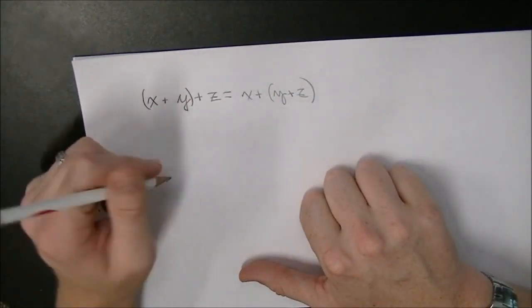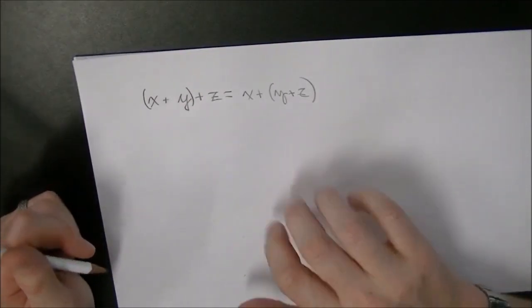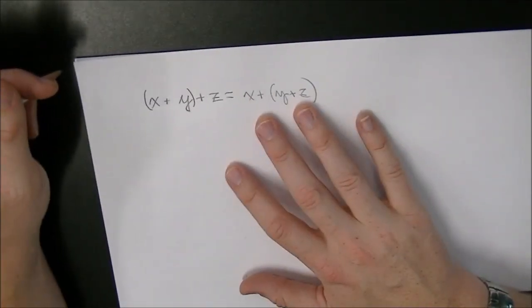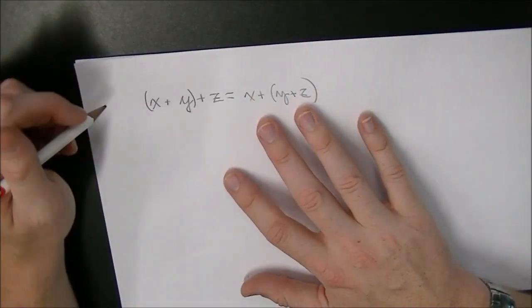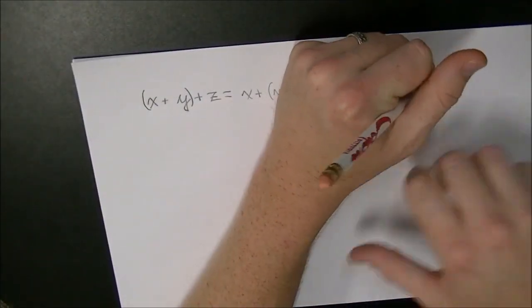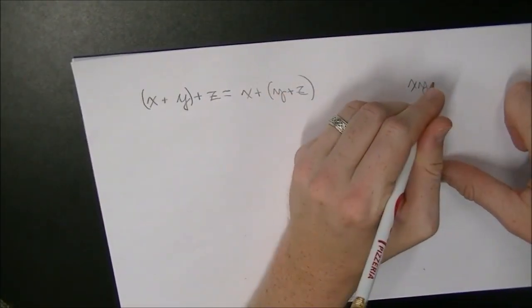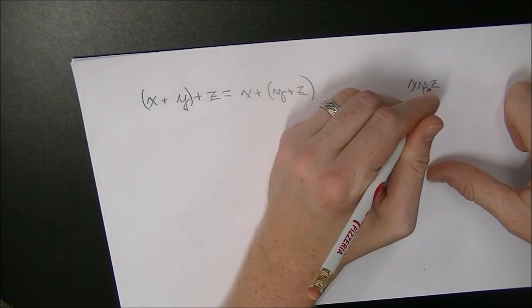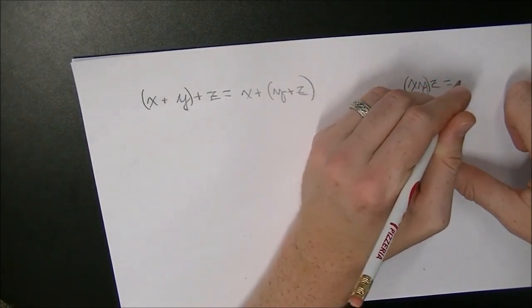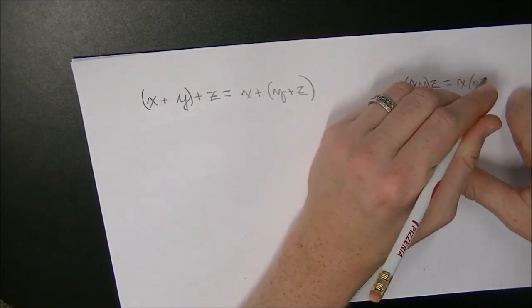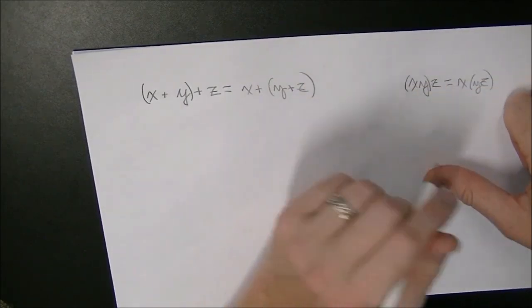And either way, we would get the same answer. Okay, and you can try this with any set of numbers. This works for addition, and it also works for multiplication. So xy times z is equal to x times yz, like that.